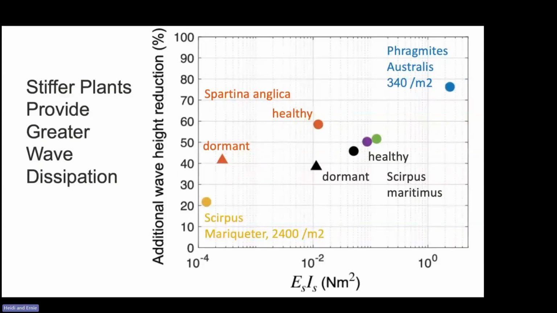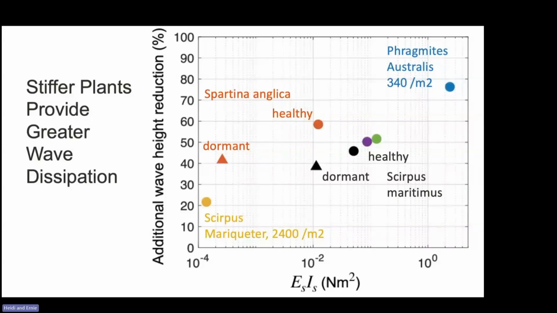So the horizontal axis is the product of the modulus of the stem and the bending moment of inertia, EI, referred to as rigidity. In particular, notice that the larger and stiffer Phragmites, which is shown with the blue dot, produce the strongest wave attenuation.